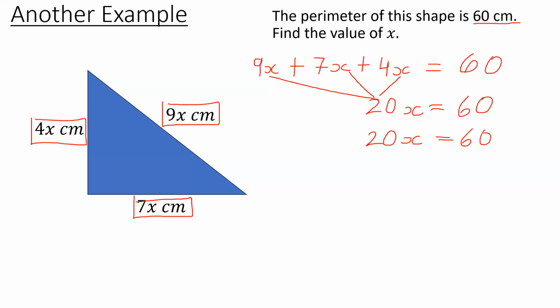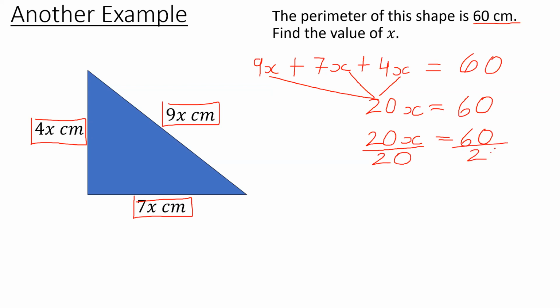Let me fix this properly. So let's say that this is 60, and we divide everything by 20. So 60 divided by 20.